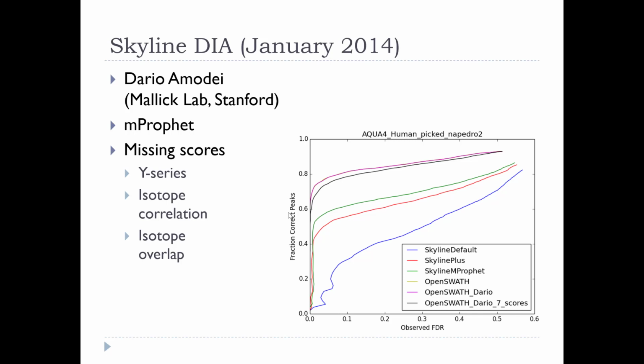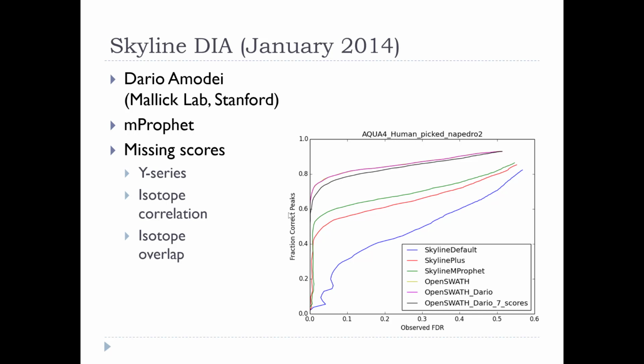But we knew that we were missing some scores: the Y series score, isotope correlation, isotope overlap. Those scores were not easy for us to reproduce. Hannes's tool did it, but it was not easy for Skyline. So I said, let's just do it without them, and we'll see how big an impact it has.